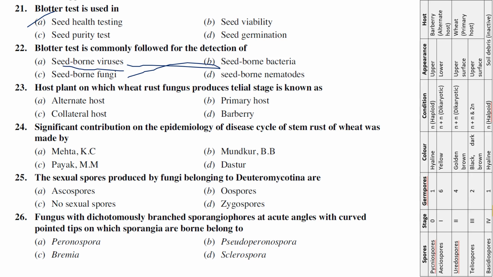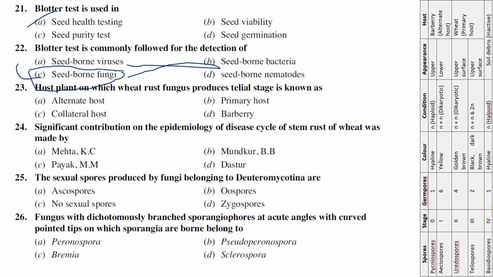Generally, this blotter test is recommended for the identification of seed-borne fungi, whether mycelium, resting structures, or spores, which may germinate with moisture so that we can easily identify them. Seed-borne viruses and bacteria we cannot detect by this blotter paper method. Only seed-borne fungi we can detect by this method.